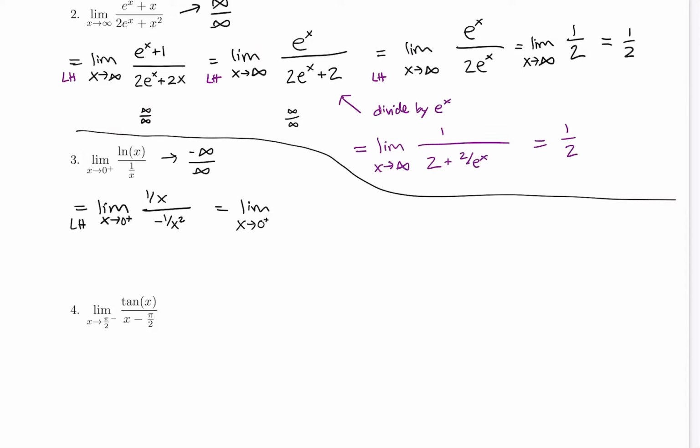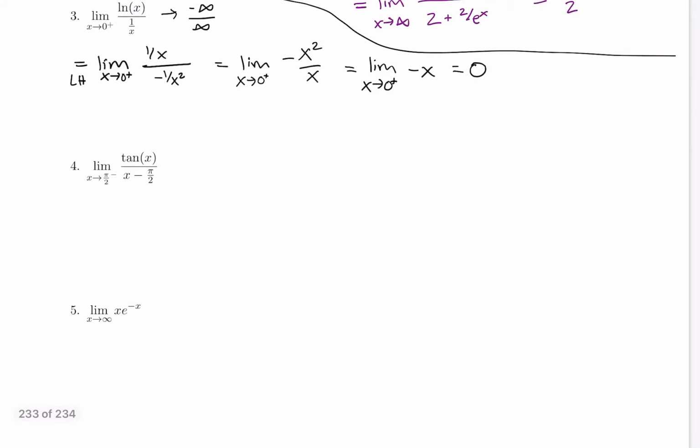So if I flip that 1 over x squared upside down, I'll get negative x squared over x, which will simplify to negative x. And then I can see now that as x approaches 0 from the right, this is also approaching 0. And that will be my final answer.